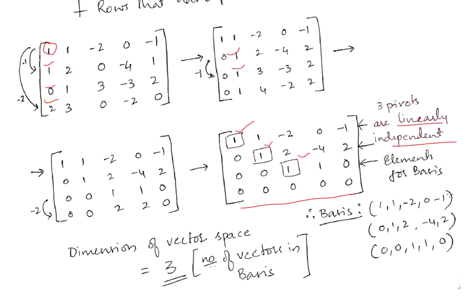Here, whatever we have taken in matrix form is from row vectors, so we consider the rows which consist of pivots. These are called linearly independent.